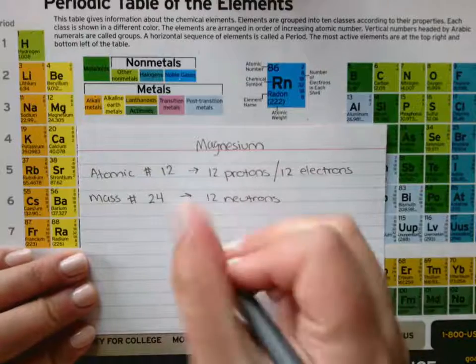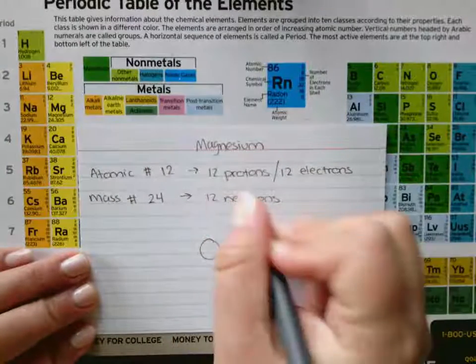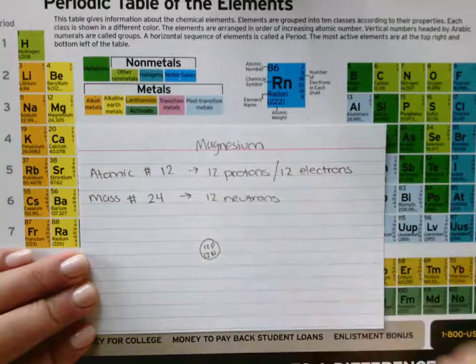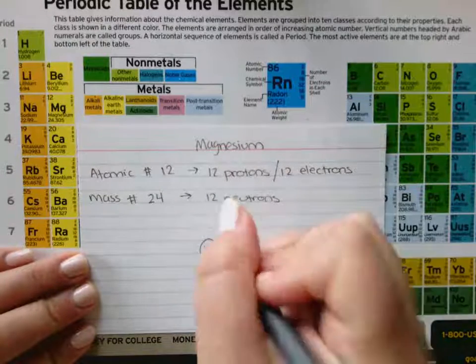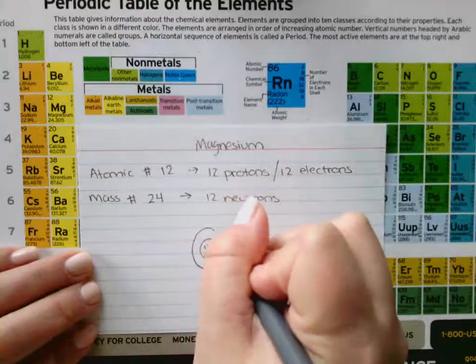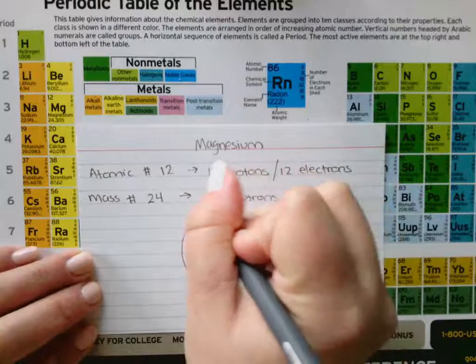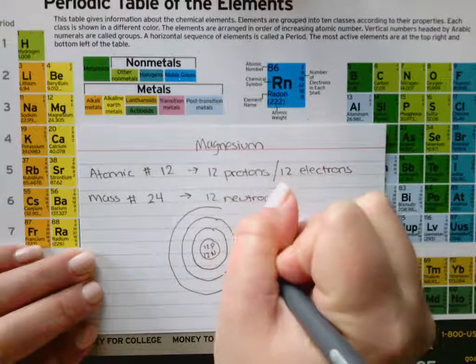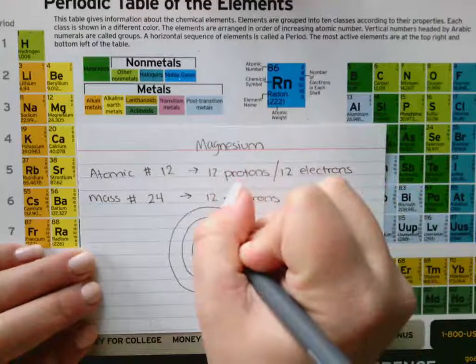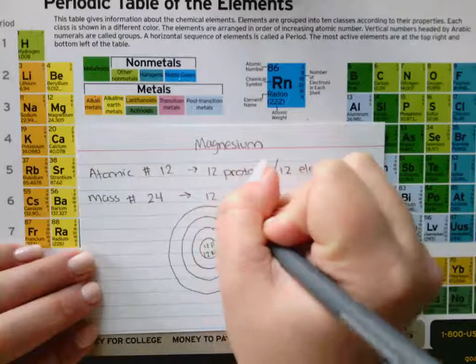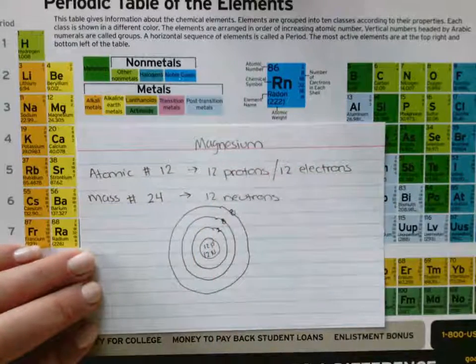Okay, so then we can draw our atom. Here's the nucleus. It's going to contain 12 protons and 12 neutrons. Then we can start filling our energy levels outside for our electrons. So if we remember, 2 can go in the first, 8 can go in the second, 8 can go in the third.